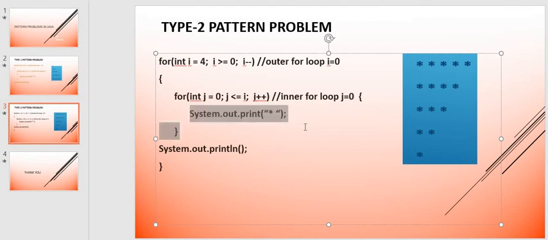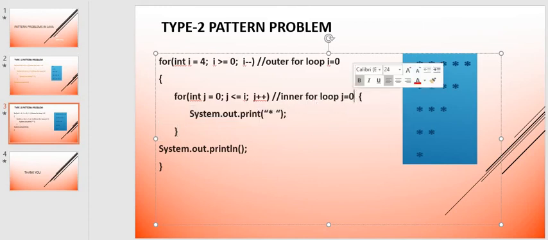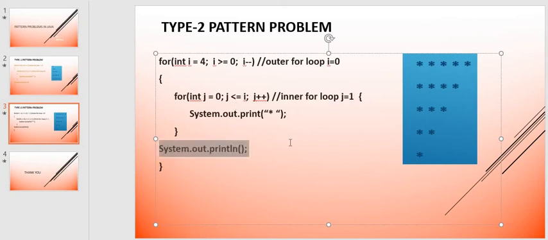So we'll print 1 star. 1 star is printed. Then j value will get incremented again. j value will become 1. Now see, j equal to 1, 1 less than or equal to 0, condition false. It will come out of this loop. It will print a new line. Okay. So our code is over now.